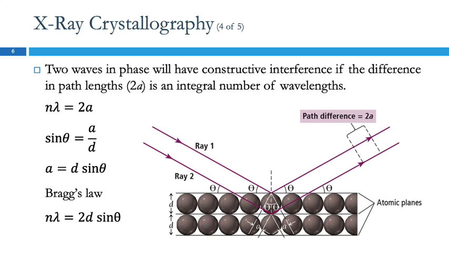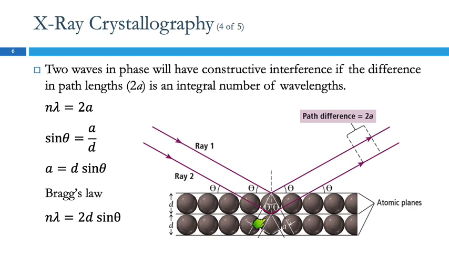They're coming from the same source, they're in phase with each other, and they bounce off of atoms. This one bounces off here, and this one bounces off one layer below, coming in at a certain angle.